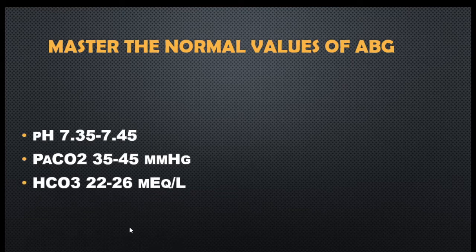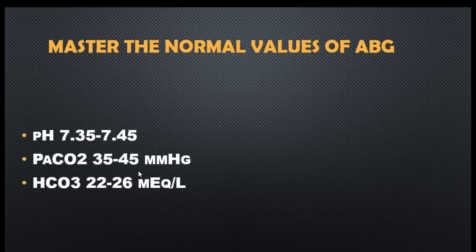Next, we have your HCO3 or bicarbonate. Its normal value ranges from 22 to 26 milliequivalents per liter. I want you to associate the bicarbonate level to alkaline or base, because the more bicarbonate in your blood, the more alkaline or alkalotic your blood will be.